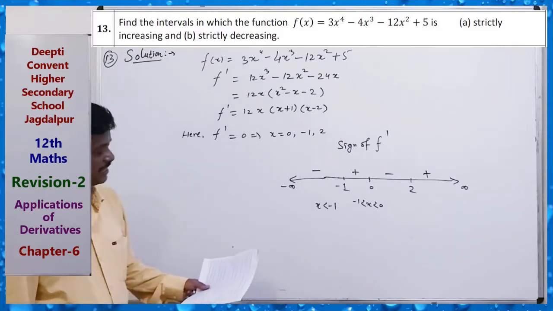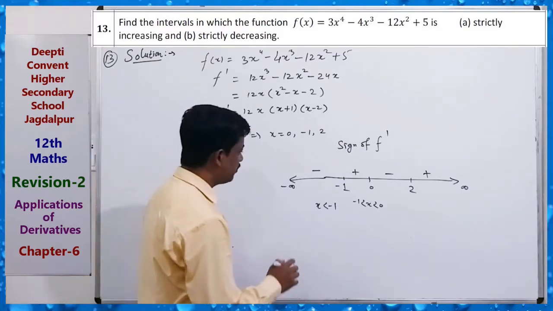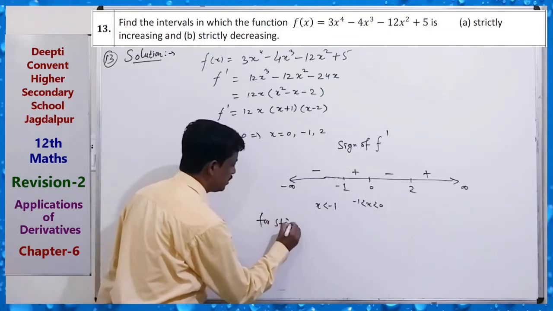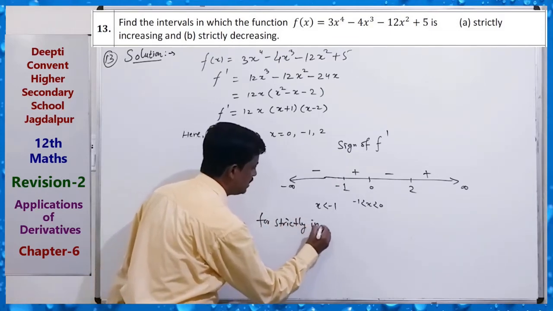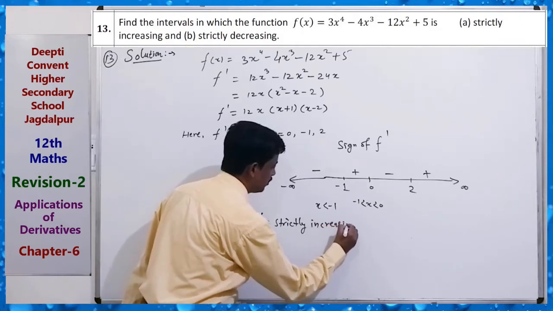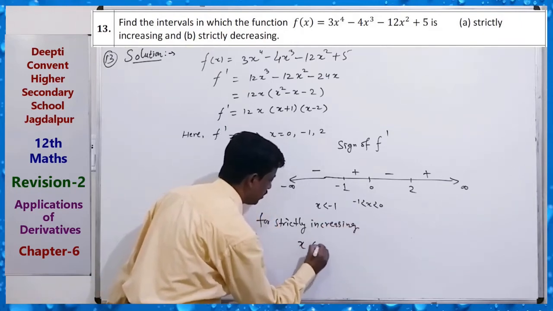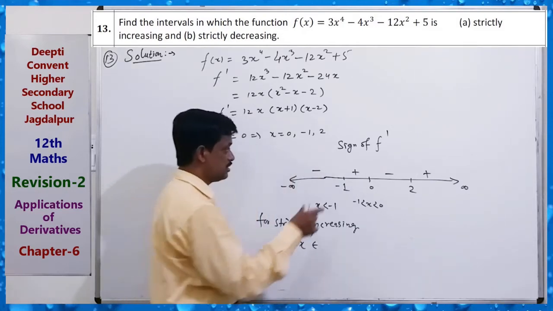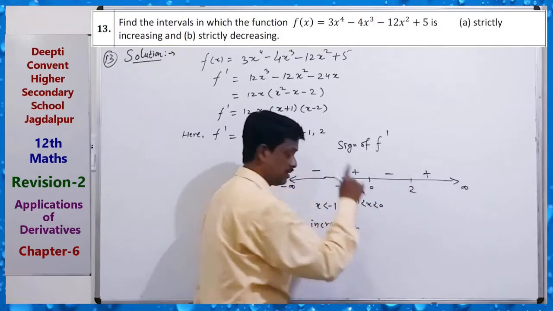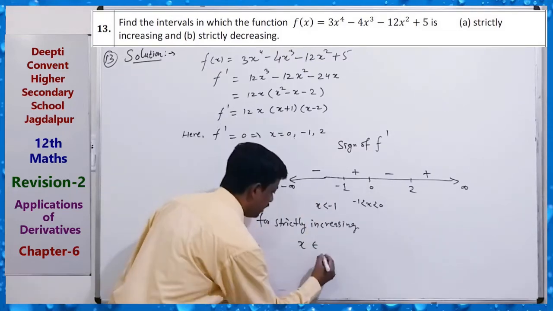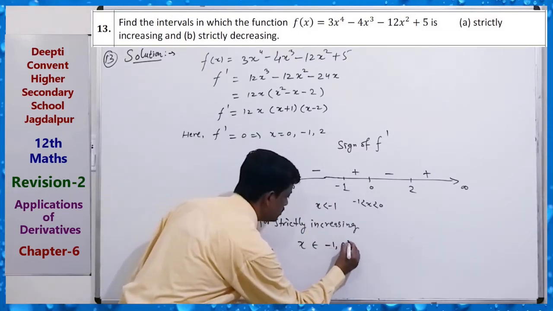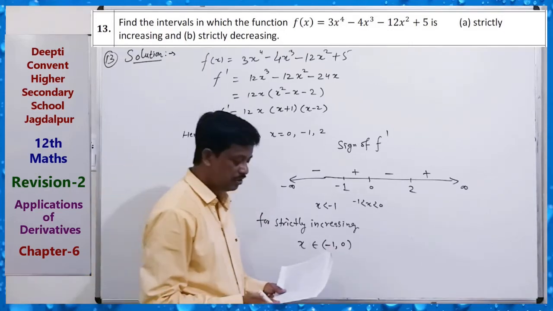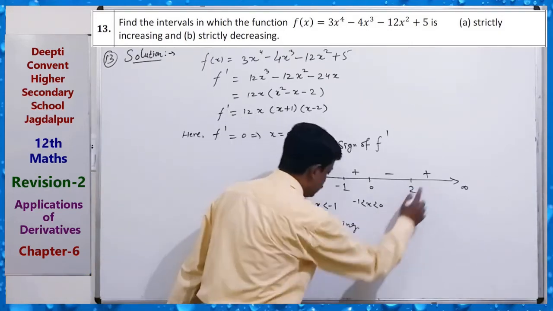So for strictly increasing, the interval will be where the sign is positive, greater than 0. So x belongs to minus 1 to 0, union 2 to infinity.